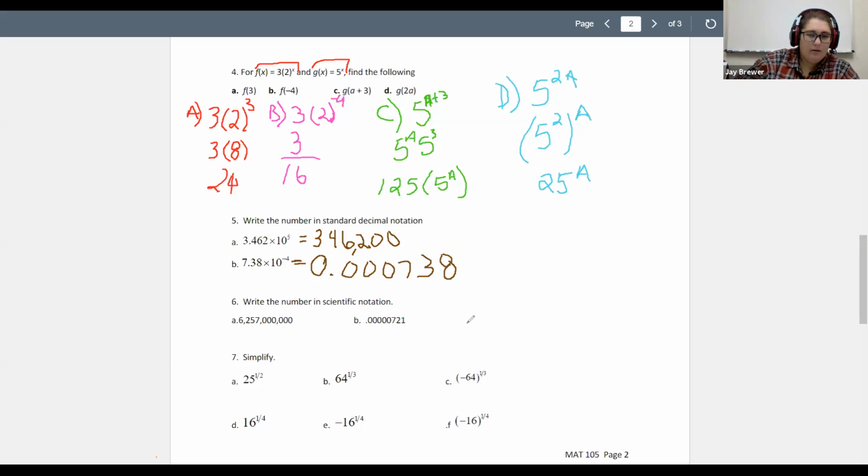Okay. For number 6, we are going to practice writing in decimal notation. This is typically where I start to have some issues with my dyslexic moments, but thankfully I've written it all down, so I should be fine. Times 10. Okay, so we have a really large number there, and I want to make it 6.257 times 10 to something.